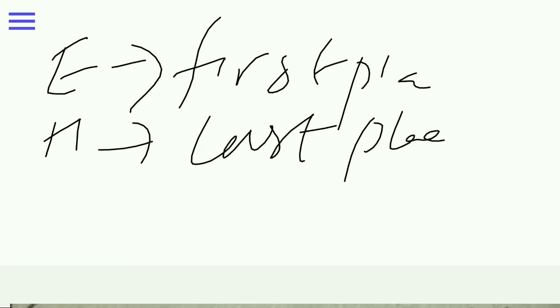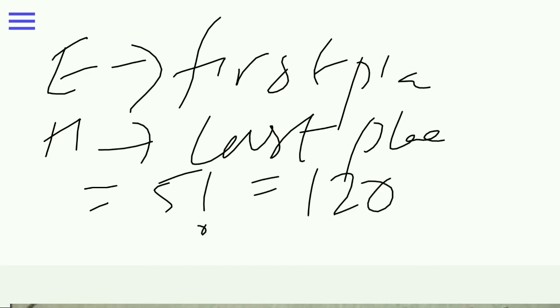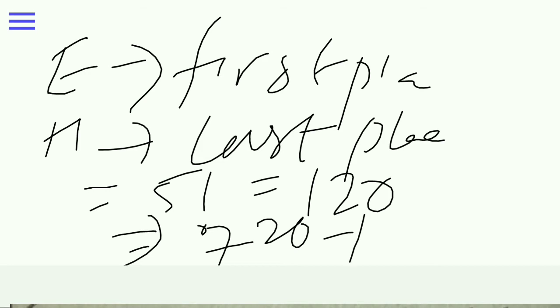Altogether we have 7 letters, and after fixing E and H we have 5 letters. Then the remaining 5 letters can be arranged in 5 factorial ways. After calculating it, we get 120. So finally the number of arrangements that begin with E and do not end with H is 720 minus 120. We get 600.